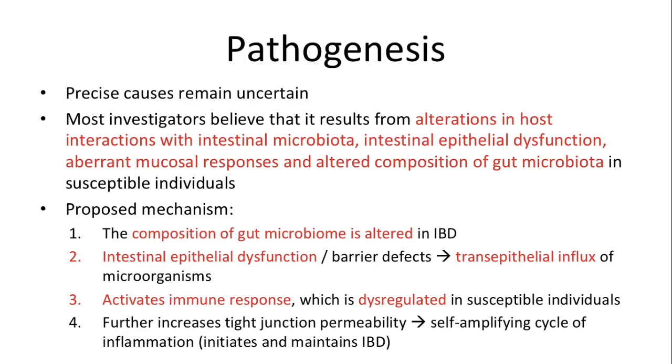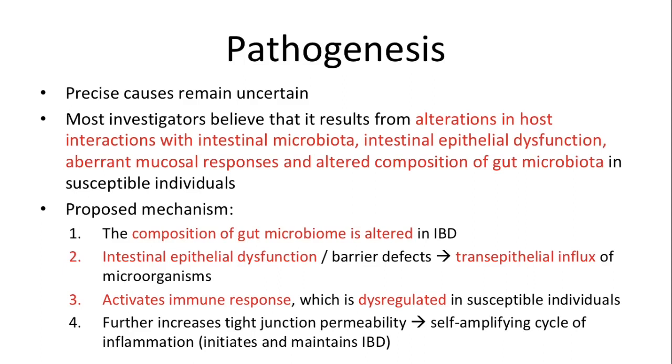So how do they propose this happens? The composition of the gut microbiome is altered in IBD. In addition, these patients also tend to have intestinal epithelial dysfunction or barrier defects, which allow transepithelial influx of microorganisms, which then activates an immune response, which unfortunately is dysregulated in these susceptible individuals.